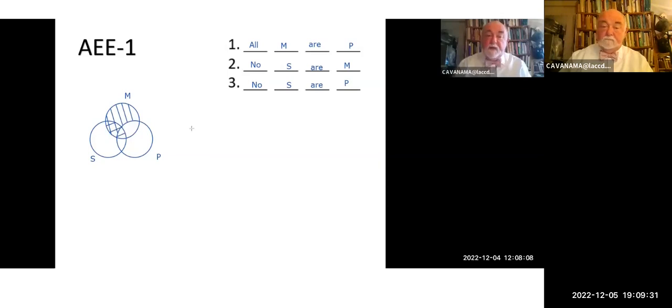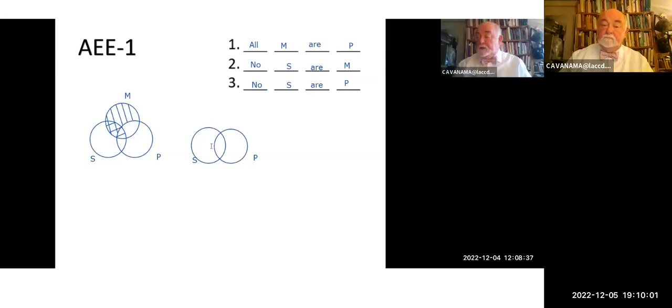the simple Venn for the conclusion proposition. And we're going to label these again S, P. Now, how do we make that diagram say no S are P?